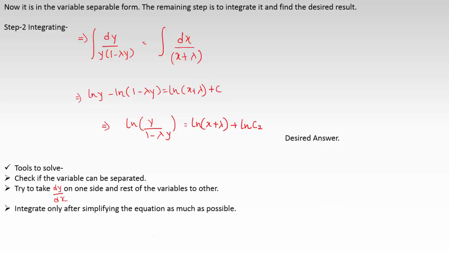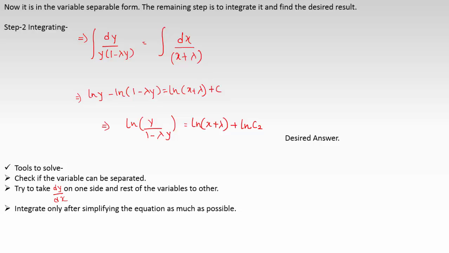Now some important tools to solve variable separable equations. First of all, we have to check if the variables can be separated or not. Then we can proceed with our variable separable method. We try to take dy by dx on one side and the rest of the variables on the other.